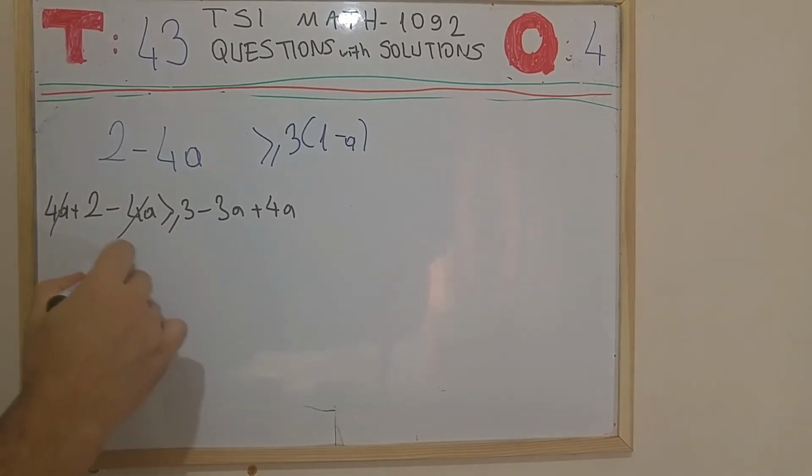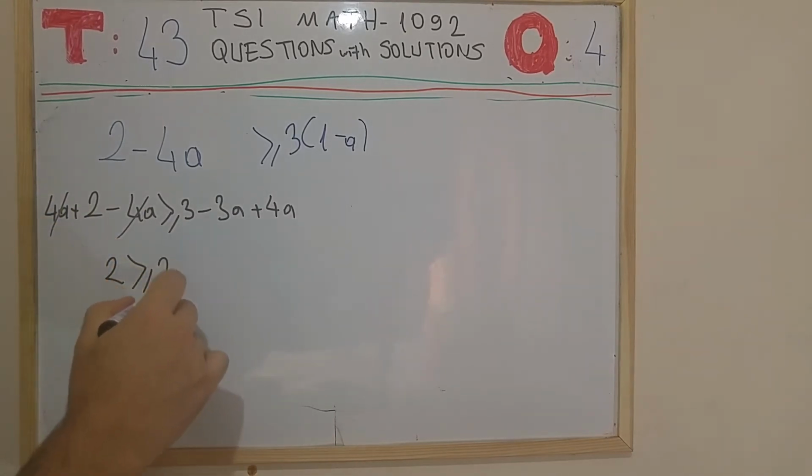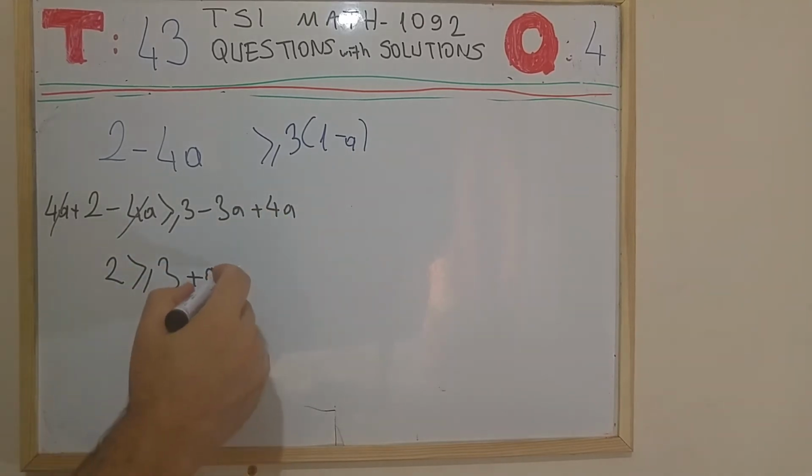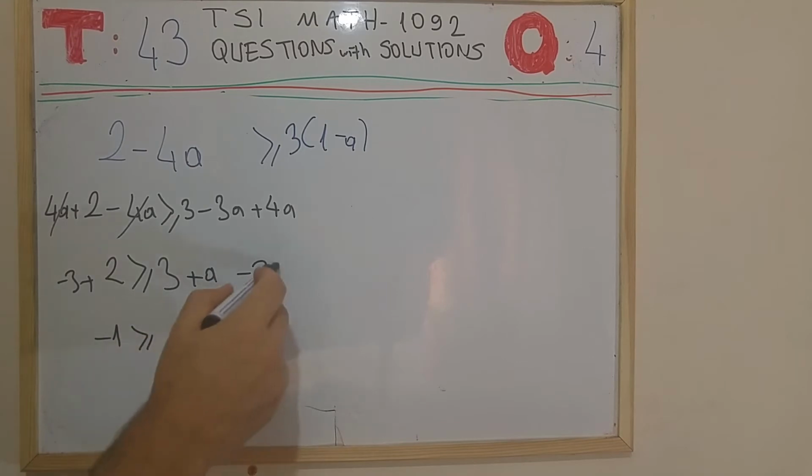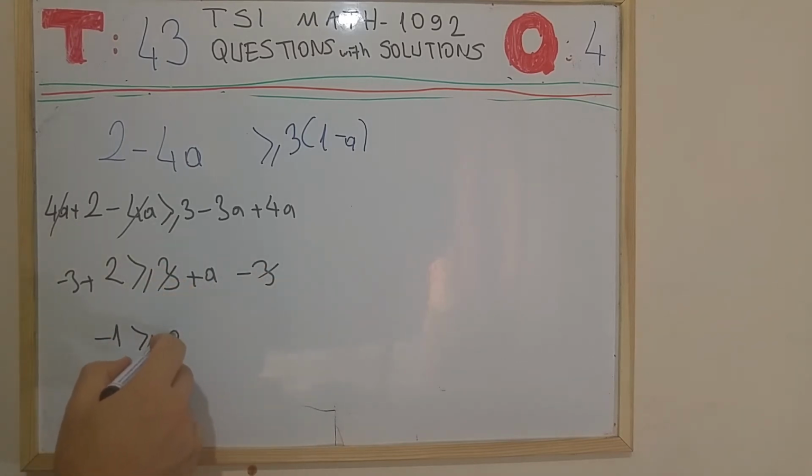So 2 is greater than or equal to 3 plus a, as you see here. Now let's subtract 3 from each side. Minus 3. So what we have is minus 1 is greater than or equal to a. So otherwise I could say a is less than or equal to minus 1.